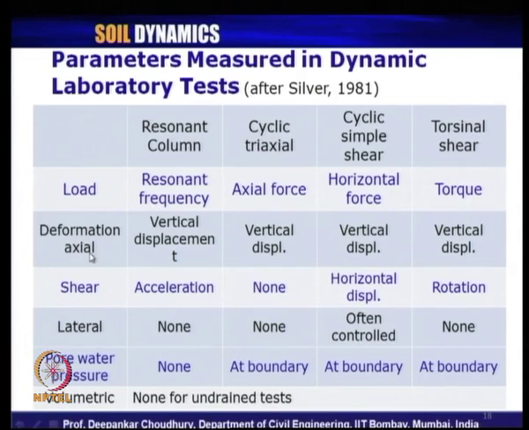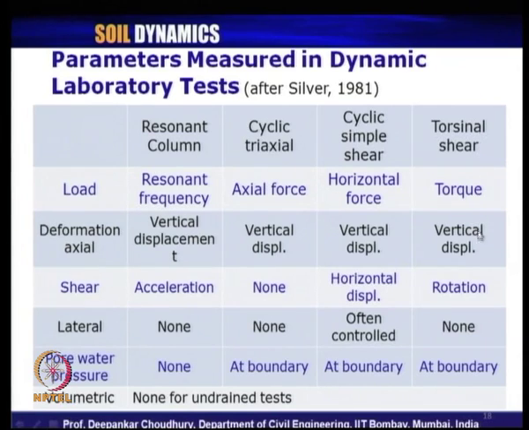Regarding the axial deformation, for resonant column test, we measure the vertical displacement. In cyclic triaxial test also we measure vertical displacement. In simple shear test also we measure vertical displacement, as well as in torsional shear test.